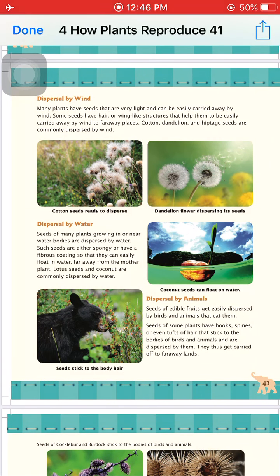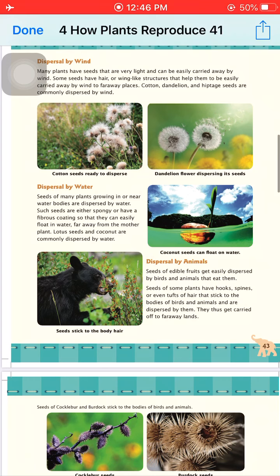Next is dispersal by animals. You see that some fruits are eaten by animals, they throw away some, and some they eat. But some seeds stick on their bodies.